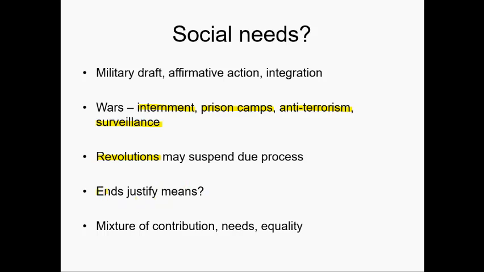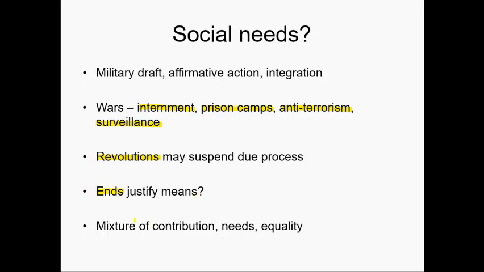Now, the ends, even though we may agree on the end goal, doesn't necessarily justify the means in order to violate people's rights. Clearly, there are some means that are justified to get to a certain end that everybody appears to agree on. But then, of course, that's what makes politics difficult, is that we have to collectively decide on how we're going to achieve that end result. And are the means too obtrusive? Are they violating people's rights?